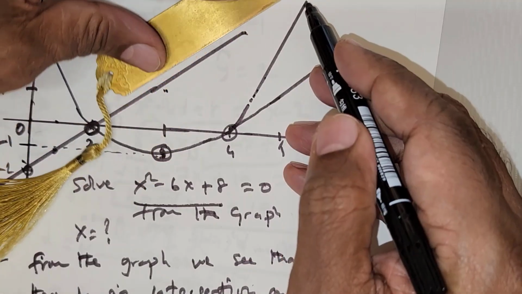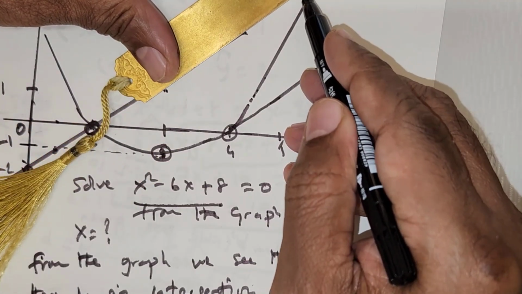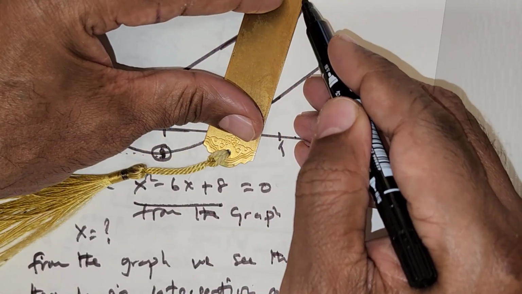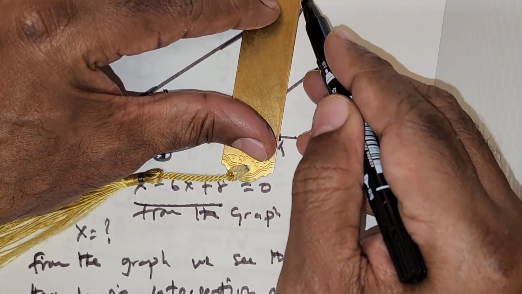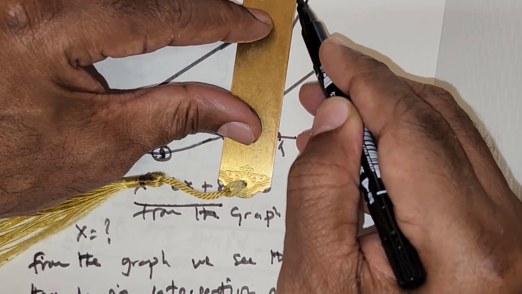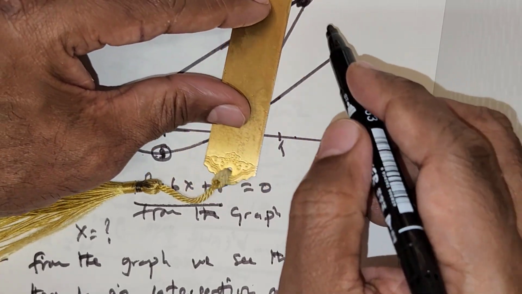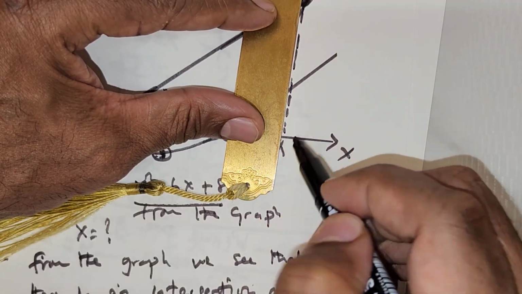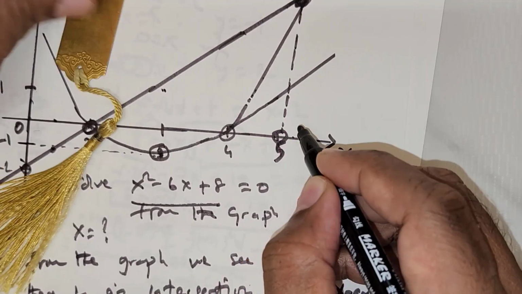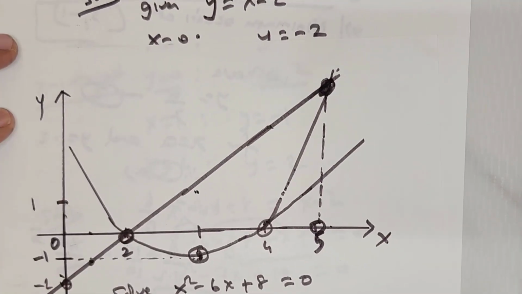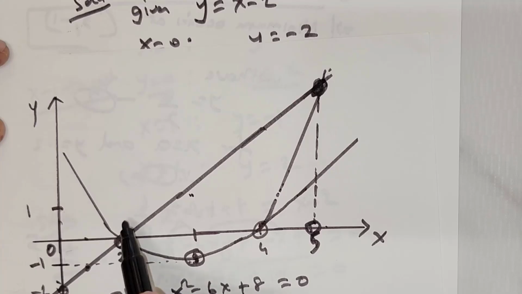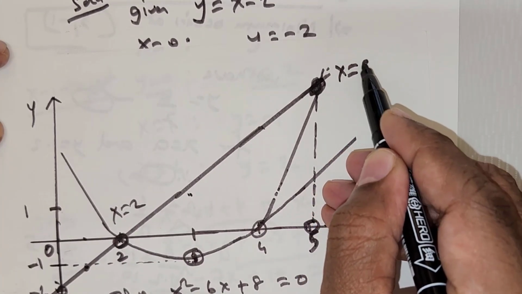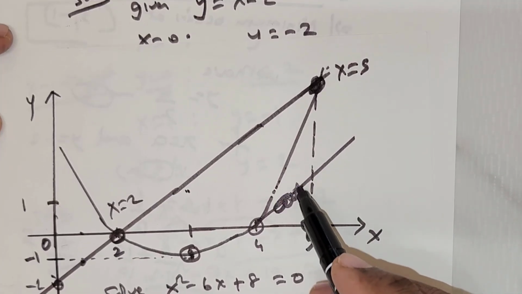The hit will take place exactly at, this is not to scale, this is the approximate hit I'm giving at 5. So one hit is at x is equal to 2, and at x is equal to 5 is the other hit, so this is not included.